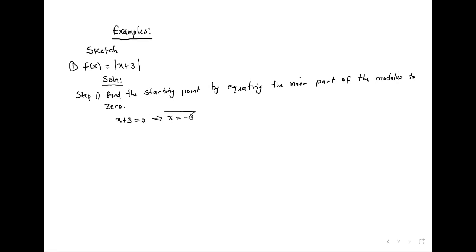When you get this value, you substitute it in the function f. So what is f of -3? We get -3 plus 3, which is equal to 0. This means that the starting point is (-3, 0).